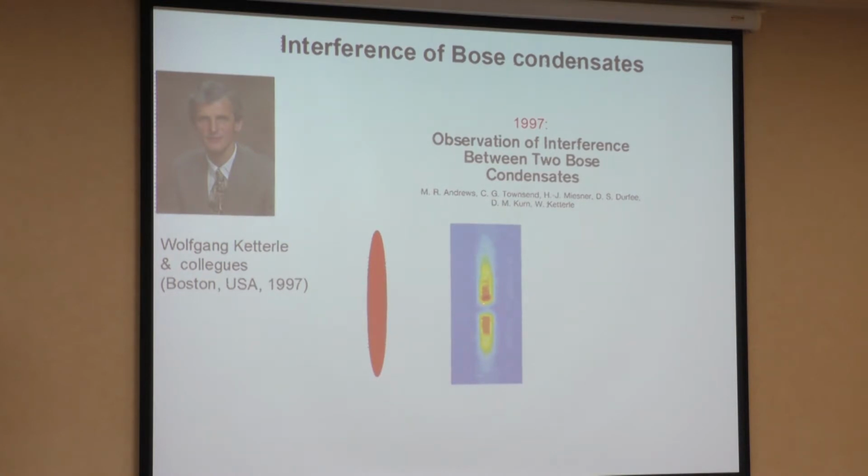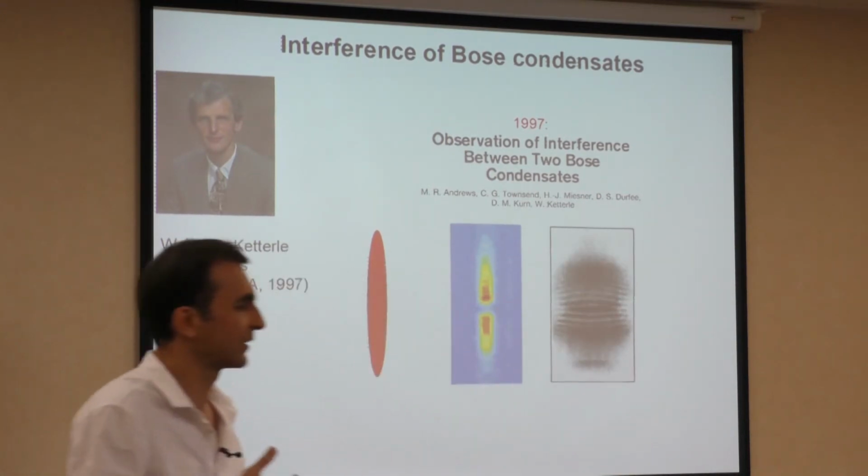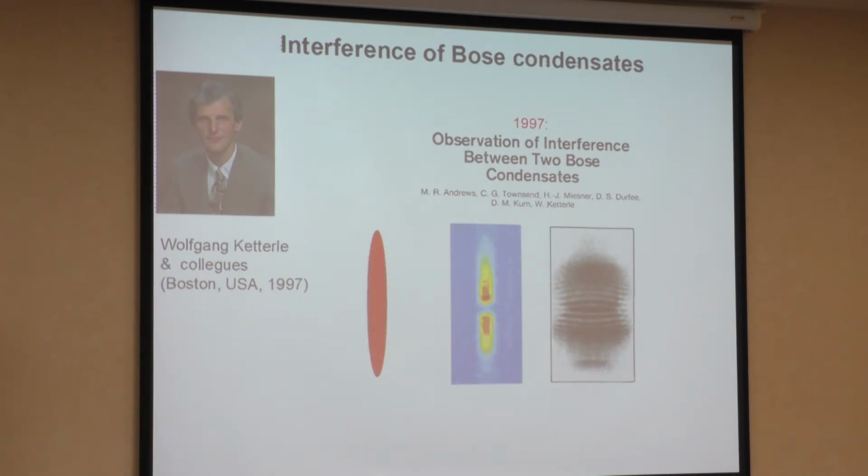It was separated into two parts, and two Bose-Einstein condensates formed. Then the trap was turned off, and the two Bose-Einstein condensates started expanding, overlapping, and there was a clear interference pattern. Of course, in this picture after release, the clouds are much fatter because they expand in all directions.